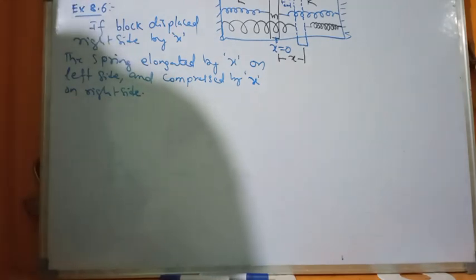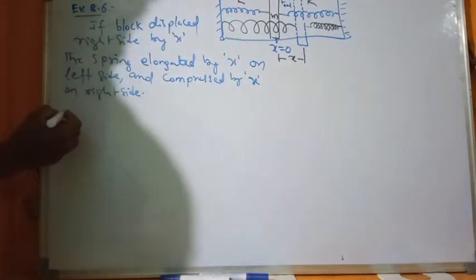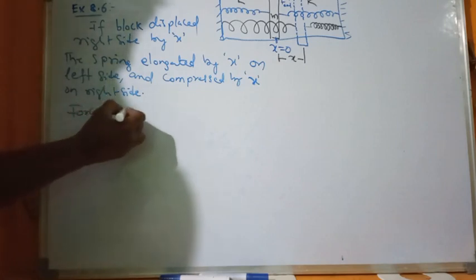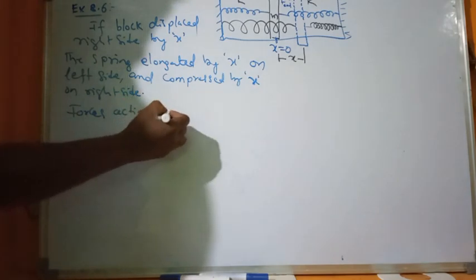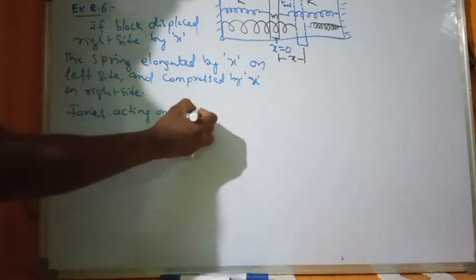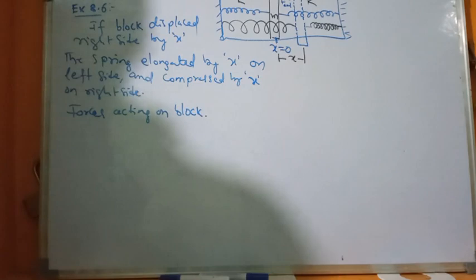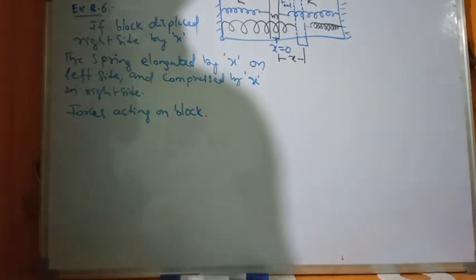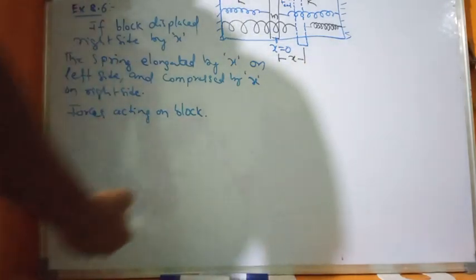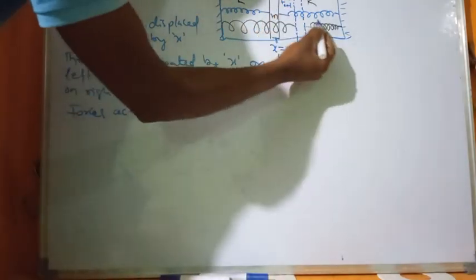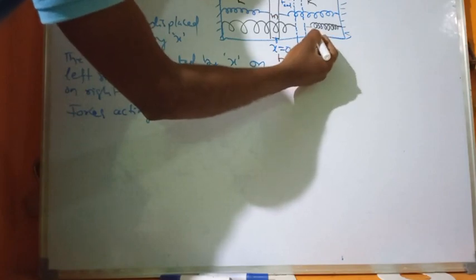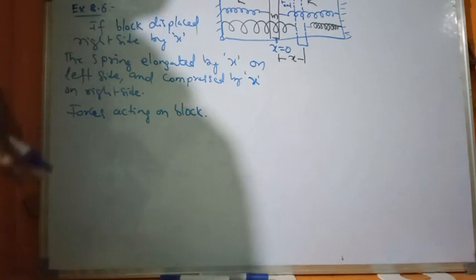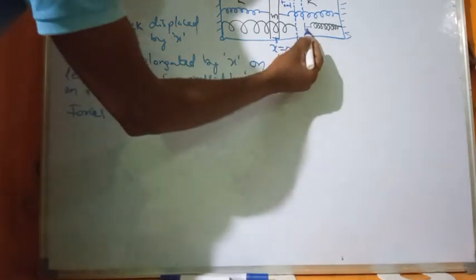Then the forces acting on the block. What forces are acting? There are two kinds of forces. One is the external force, and after applying it, a spring force, that is a restoring force, is developed.